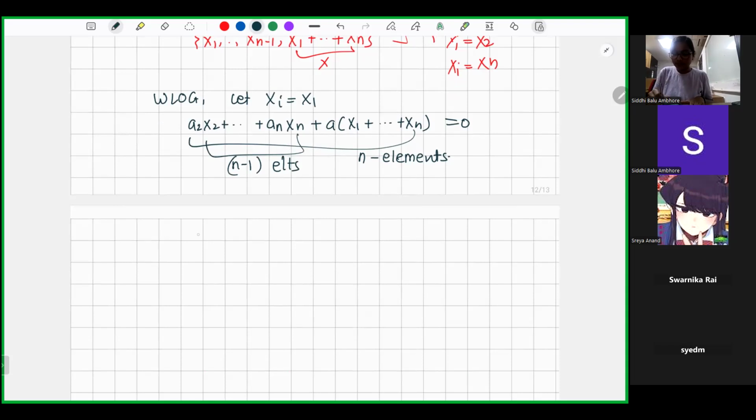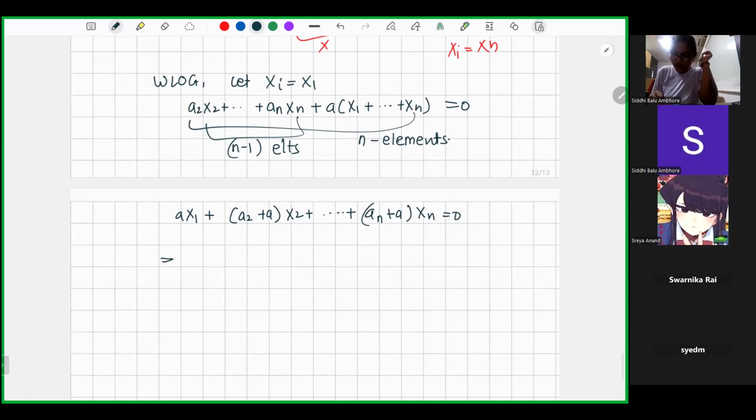And if I combine all, what this gives me is a1x1 plus a2x2, plus ax1, plus ax2, up to an plus a xn is equal to 0.